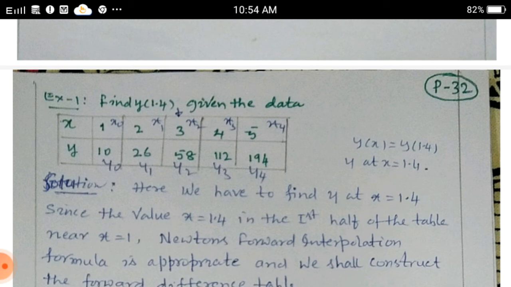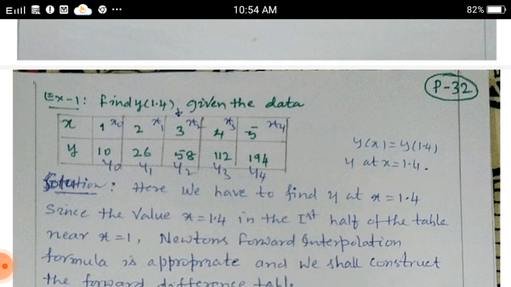If x were around 5, Newton's backward interpolation formula would be appropriate.